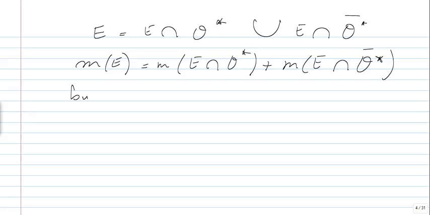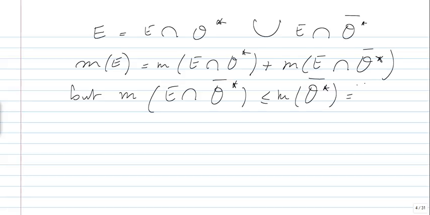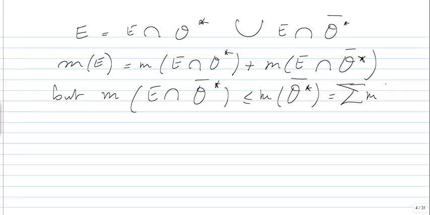But the measure of E intersect O star bar is less than or equal to the measure of O star bar, which is equal to the sum of the measures of I_n from n plus 1 to infinity, which is less than epsilon.